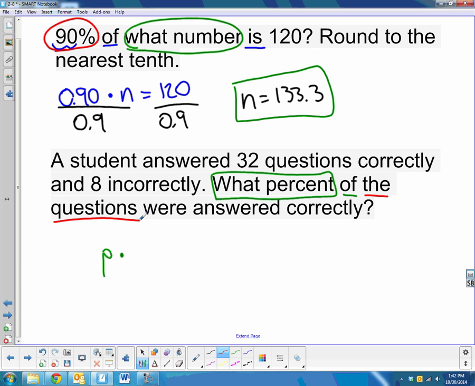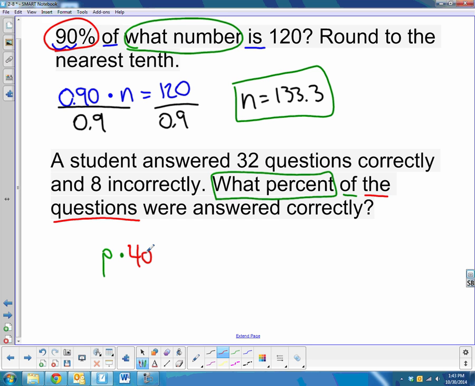There were not 32 questions. A student answered 32 questions correctly and 8 incorrectly. So how many questions were there? Well, there were 40 questions. So what percent? We don't know, of times the questions.